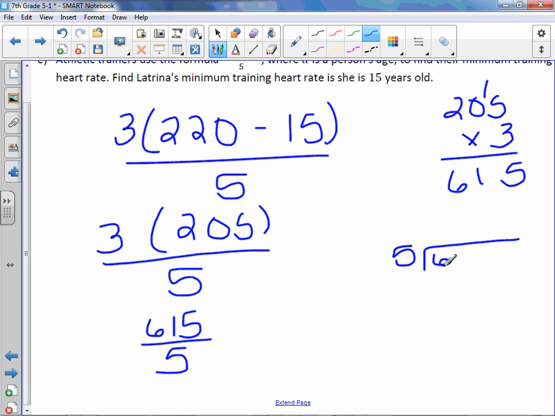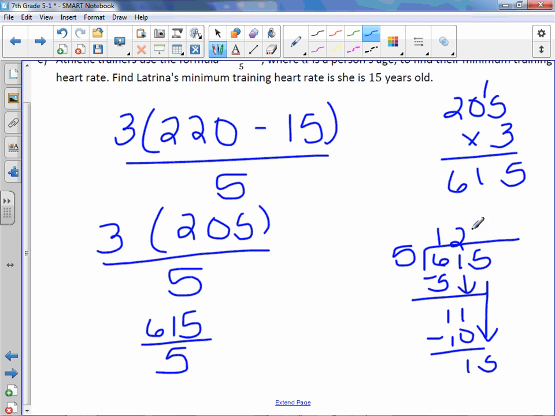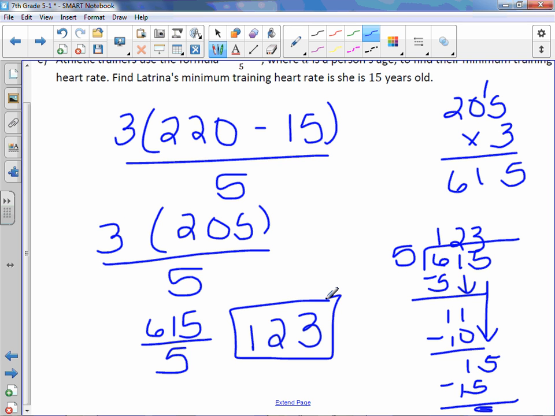And then 5 into 615. And we get an exact answer of 123. There were no units, so just 123.